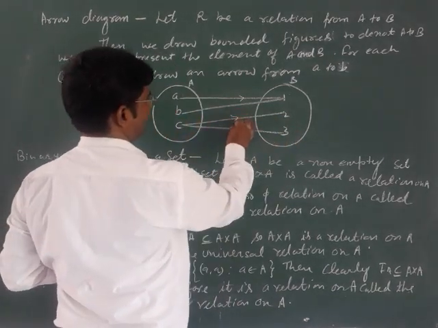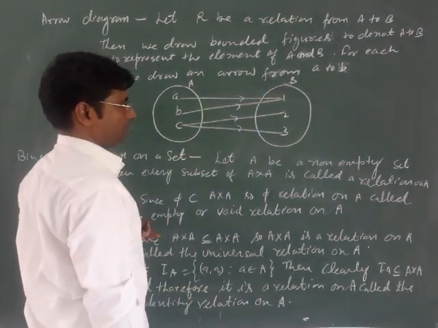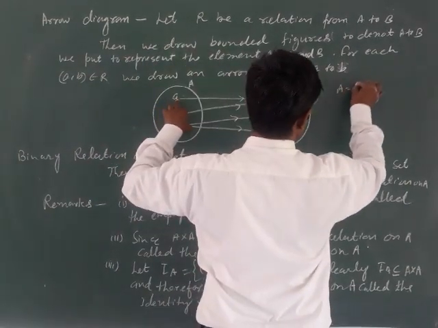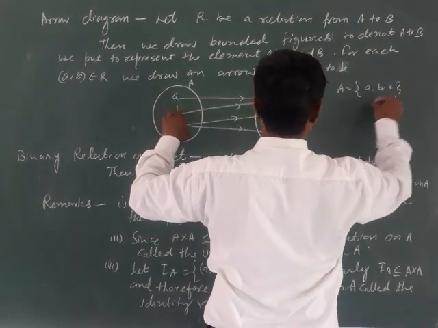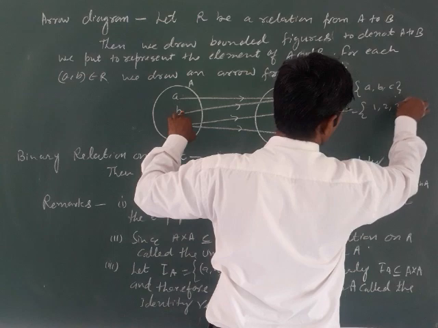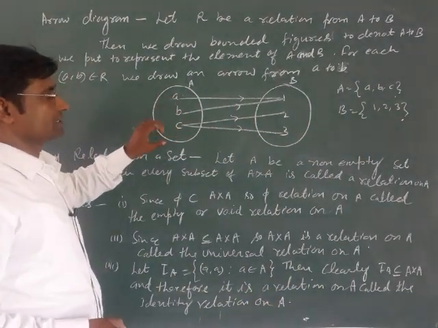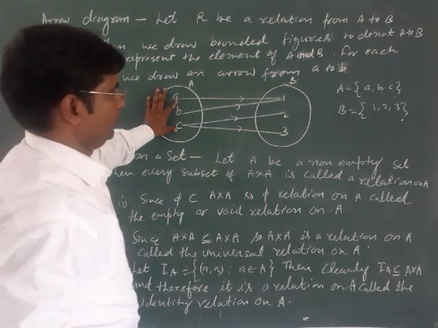So this is the relation from A to B. The set A has elements a, b, c, and set B has elements 1, 2, 3. So this is the arrow diagram of the relation from A to B.